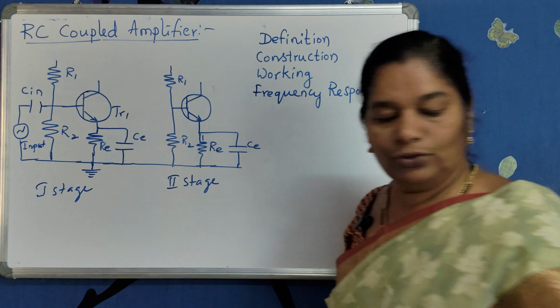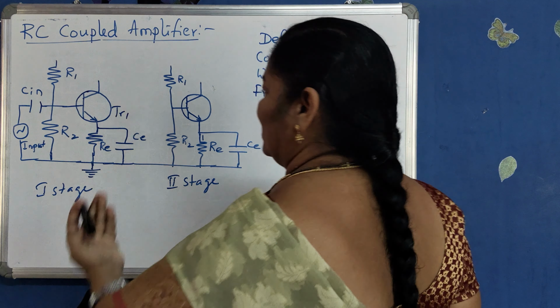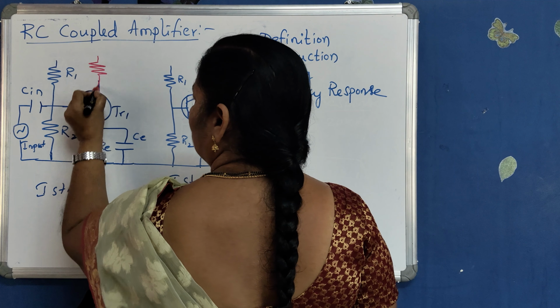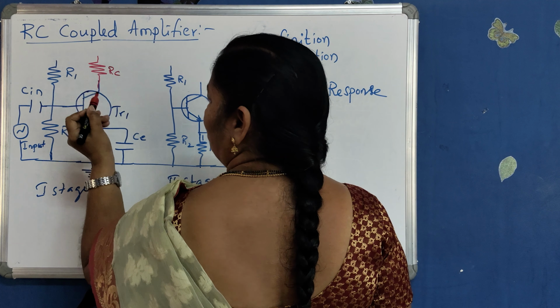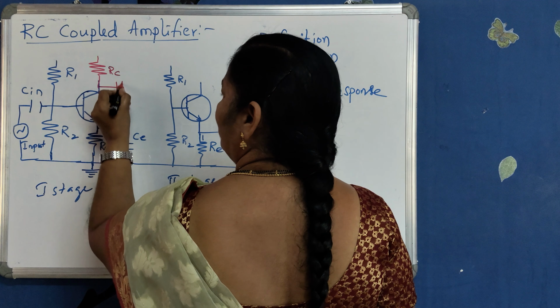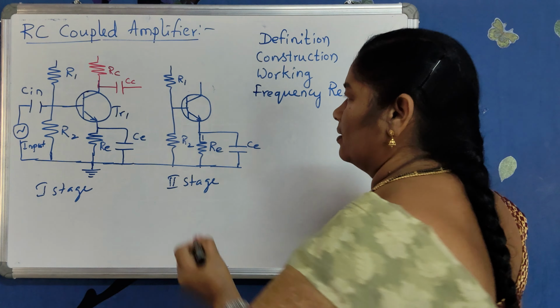Now you have to couple the signal from the first stage to the second stage using coupling components. So this is RC, the coupling resistor, and a capacitor CC, which is called the coupling capacitor.